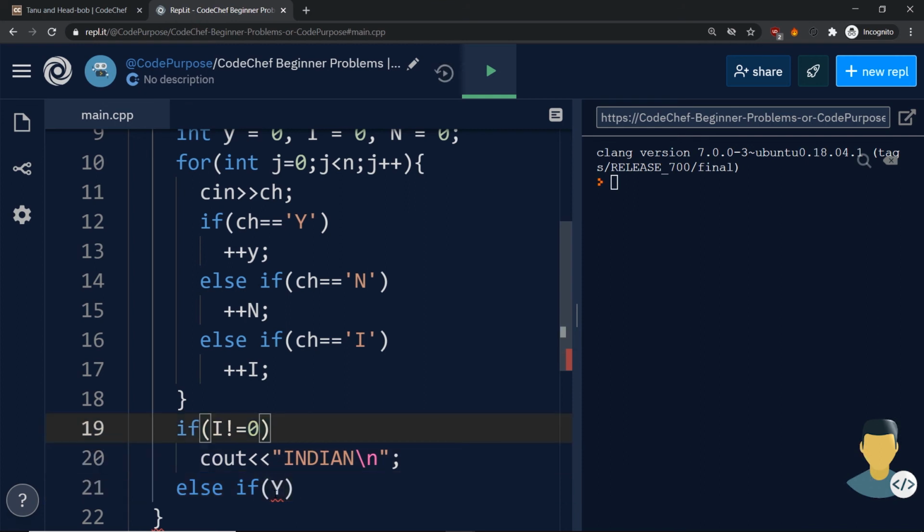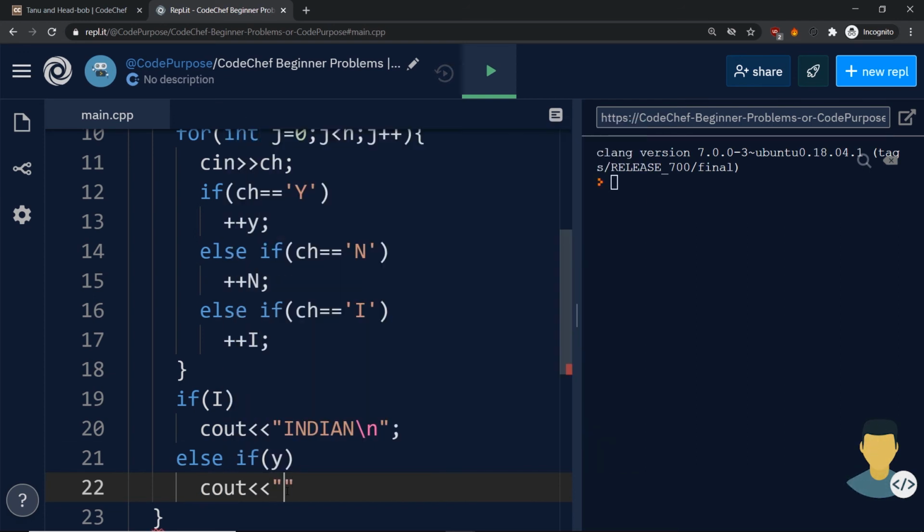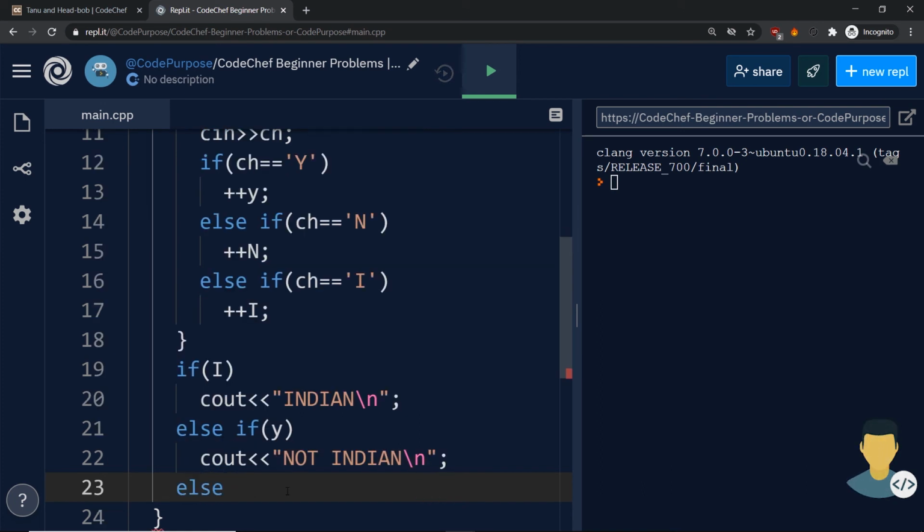We don't care about the number of no's. And if the number of people saying yes in the French way is different than 0, then not Indian, and a new line. And if none of those conditions is satisfied, then we output that we aren't sure.